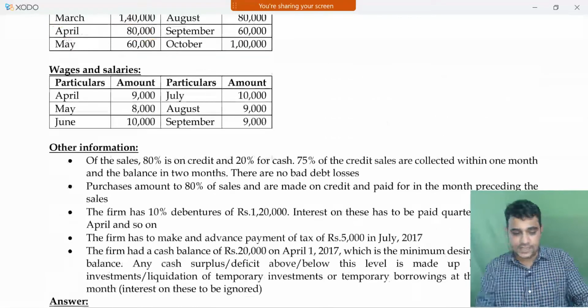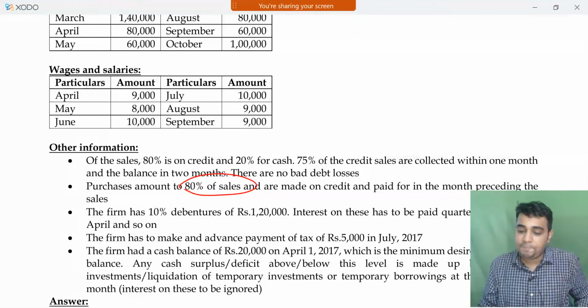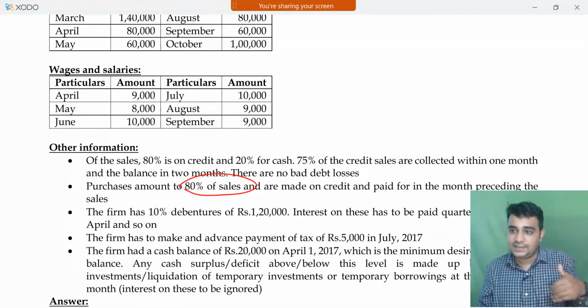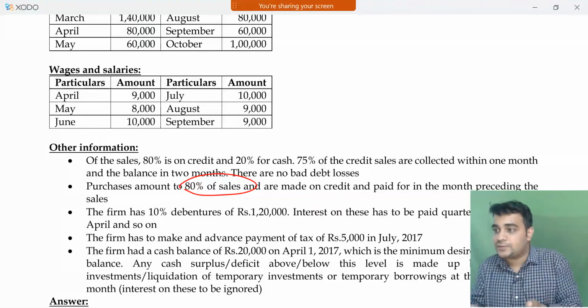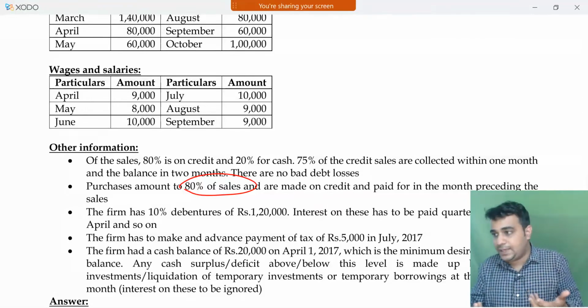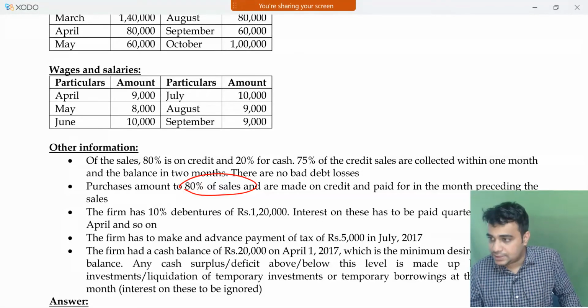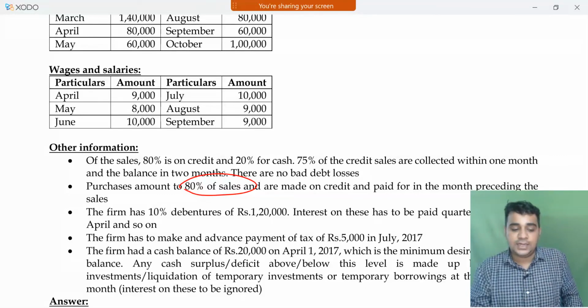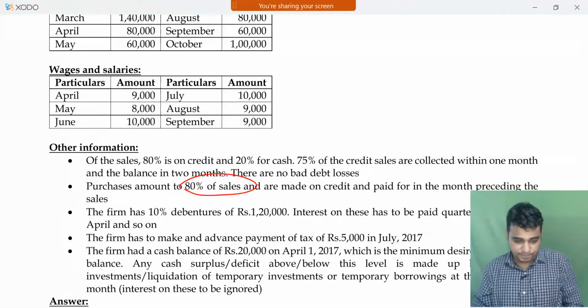Purchase is going to be 80% of sales and paid for in the month preceding the sales. I am not sure whether the purchases are done in the month of sale or the previous month. If they are doing previous month, when they are paying is also not clearly mentioned. What the credit period given is not clearly mentioned in the question. I am assuming that it is 80% of previous month.